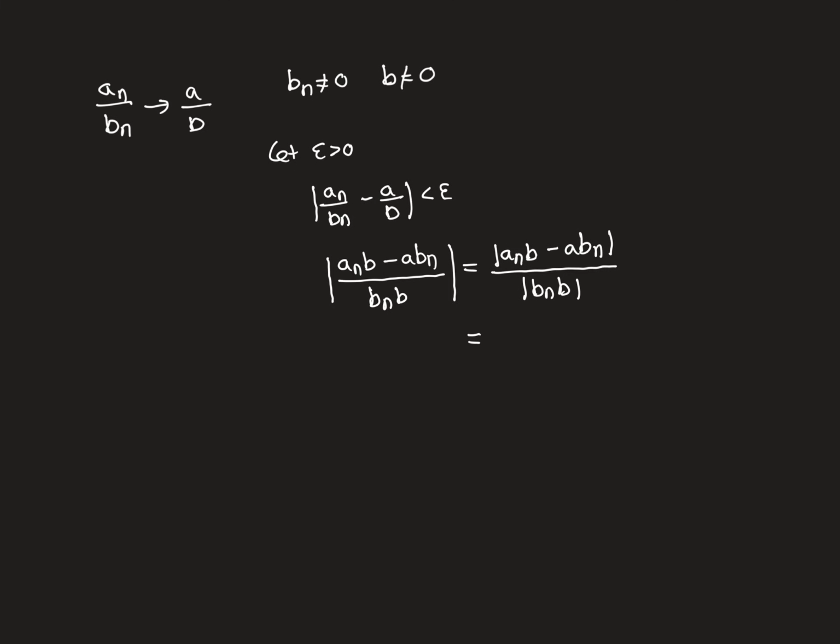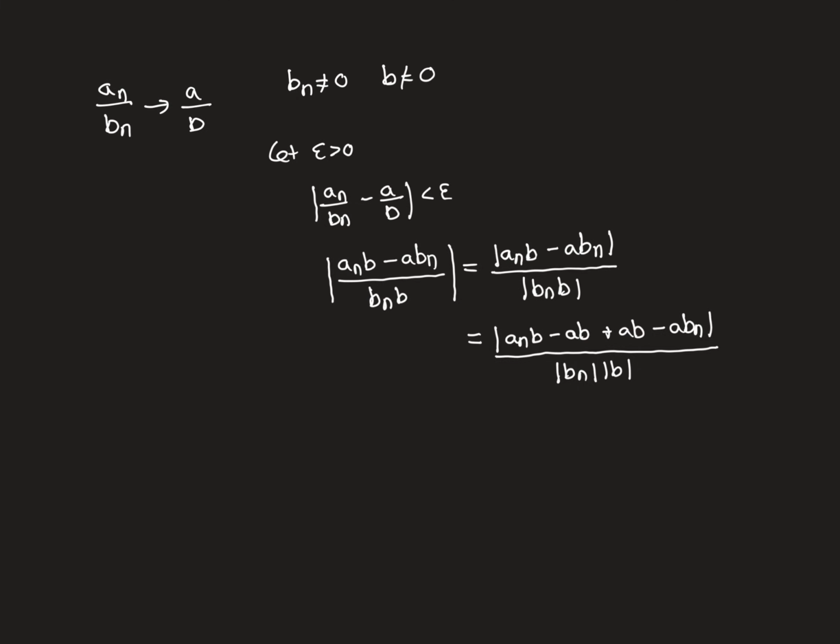So this is equal to mod a_n b, and then we'll put in minus ab plus ab minus a b_n, and that looks as though it's going to work perfectly. Then it's divided by mod b_n times mod b. So again, I've just split that absolute value up.